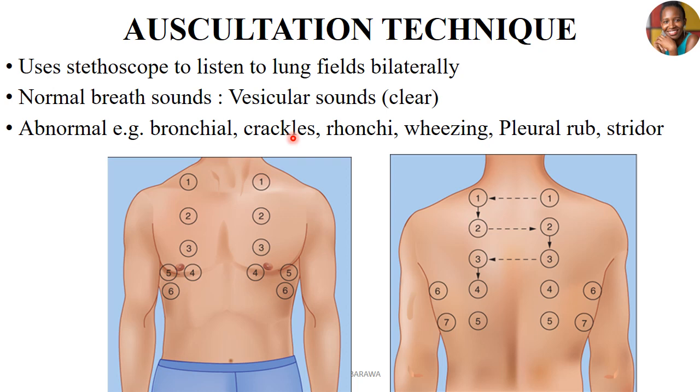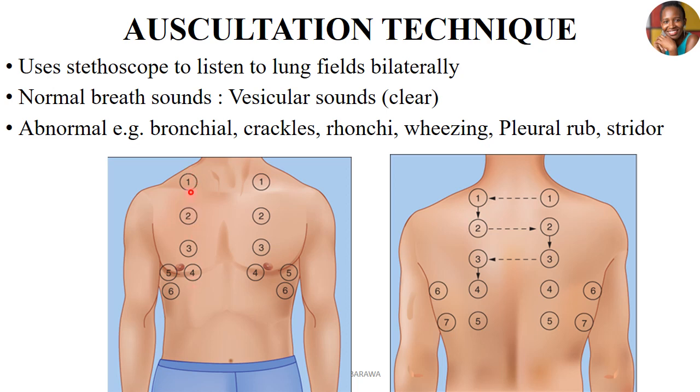So now let's go directly to where we will place our stethoscope while auscultating our patient. I want us to appreciate that with the lung sounds and using the stethoscope, our main line that will guide us is the mid-clavicular line.